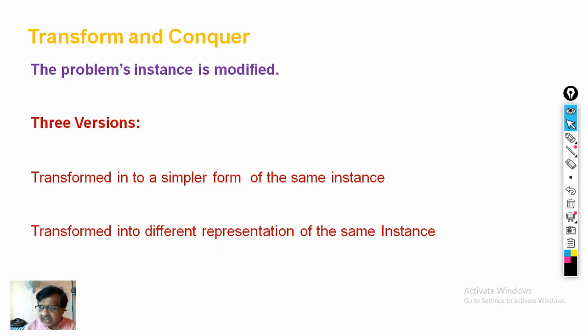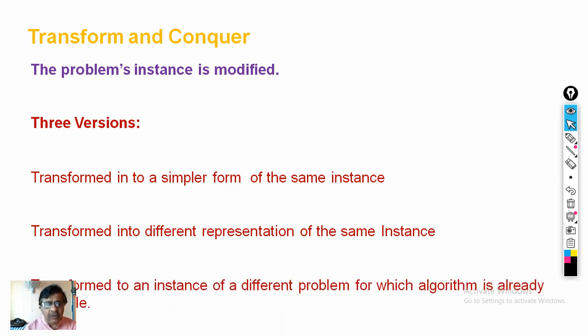If it is a queue related problem, it can be represented as a stack, and vice versa. Like this, the problem appears with an instance shape and representation, and upon transformation it will be converted into a different form, so that the procedure of obtaining the solution becomes a lot easier.